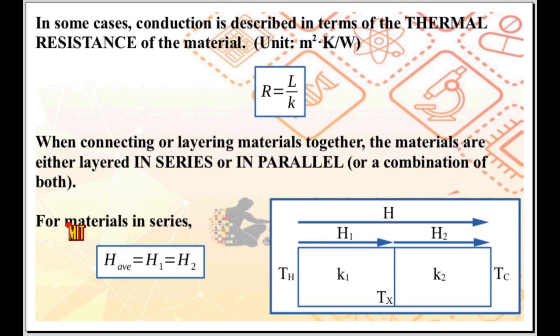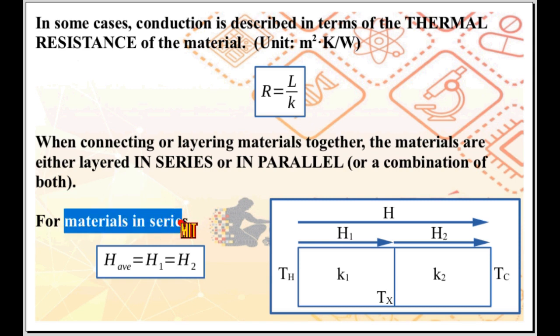For materials that are layered in series, say you have an object comprised of two materials, material K1, material K2, TH is on this side, and on the other side you have TC.